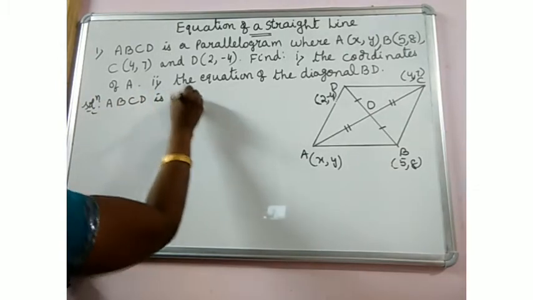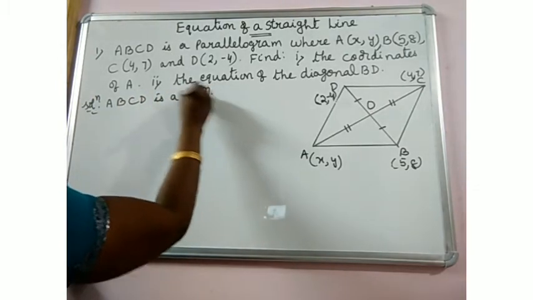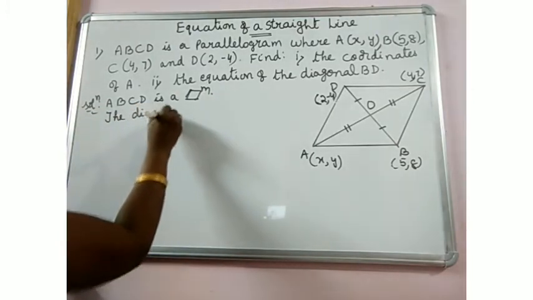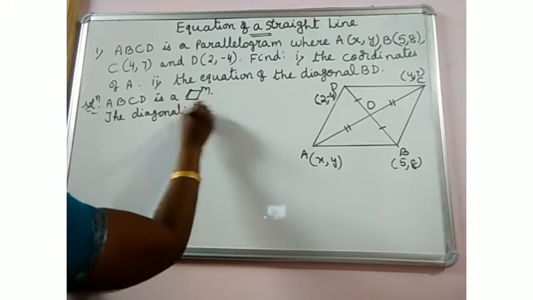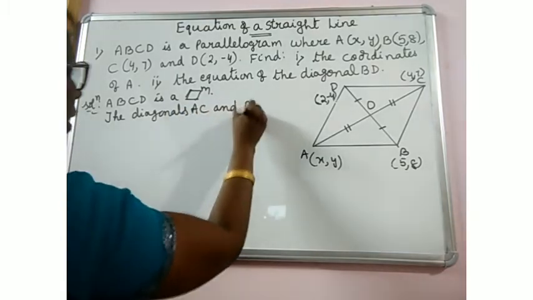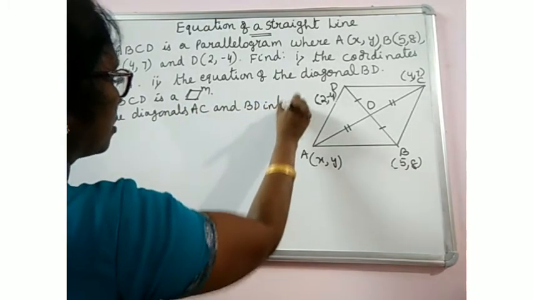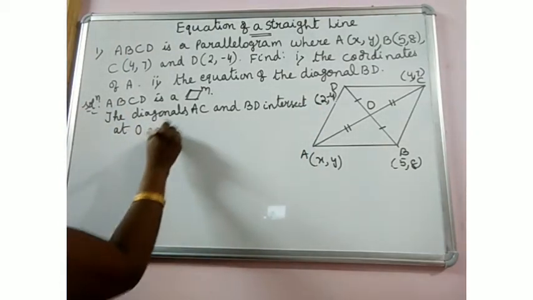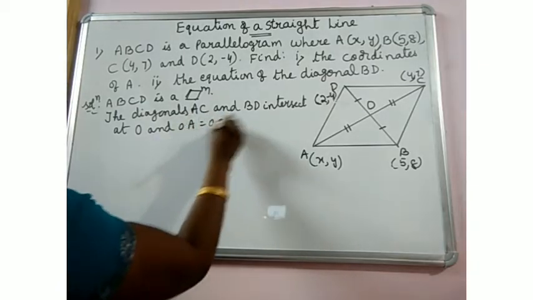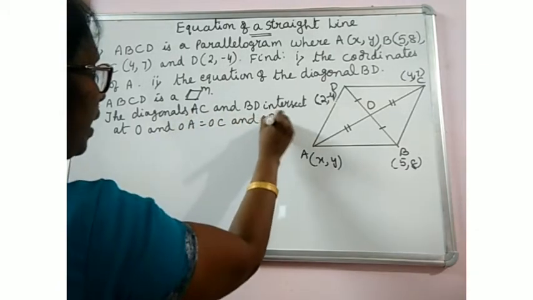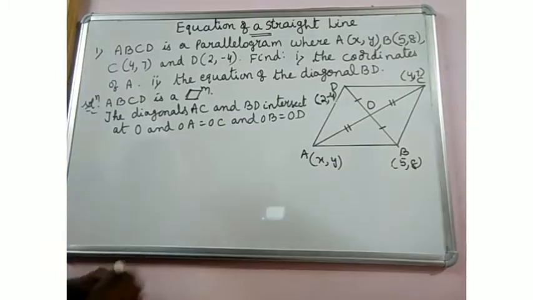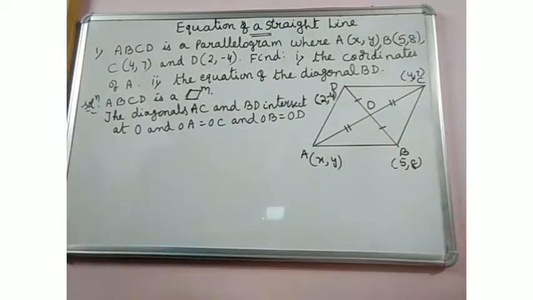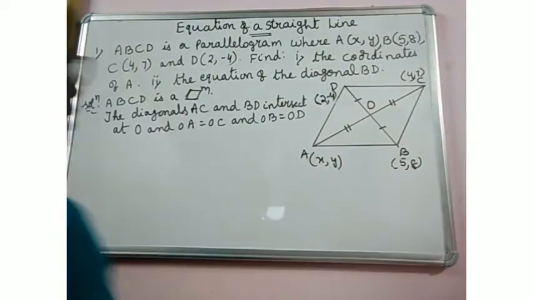ABCD is a parallelogram. So the diagonals AC and BD intersect at O, and OA is equal to OC and OB is equal to OD, because in a parallelogram, diagonals bisect each other.